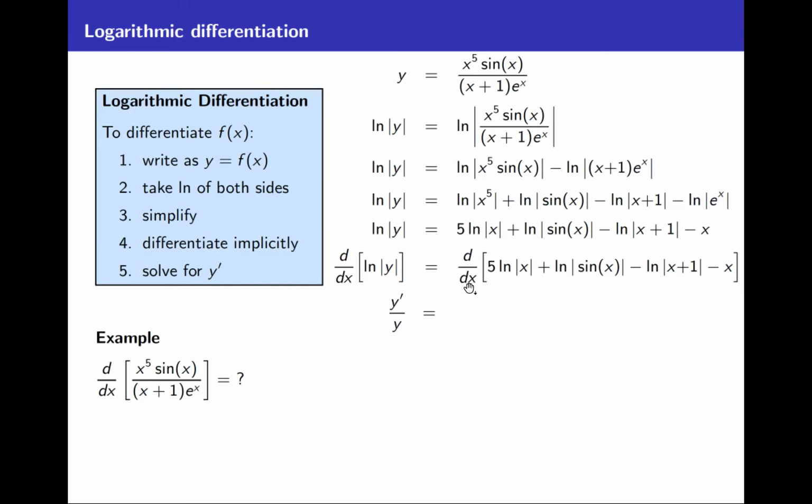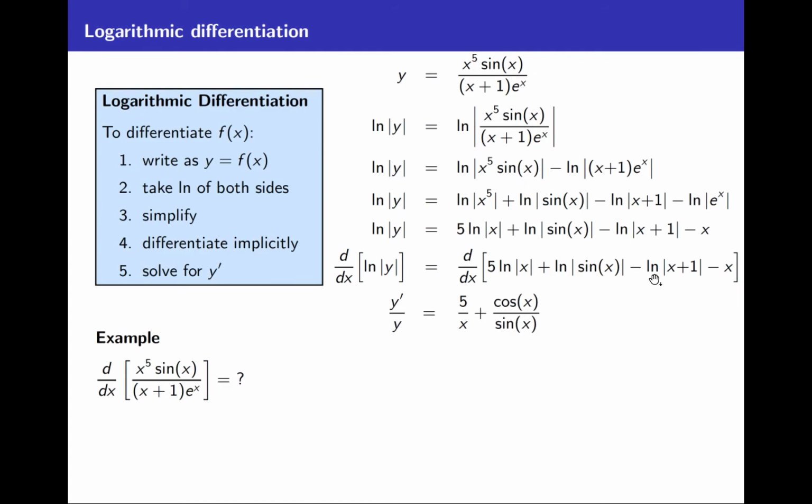On the right, well, we've got the derivative of the sum of some pretty simple functions. The derivative of 5 times ln of the absolute value of x is 5 times 1 over x, right there. Then we have the derivative of ln of sine of x. That's the derivative of ln of the absolute value of g of x. So that's going to be g prime of x over g of x. In this case, it's cosine of x over sine of x.